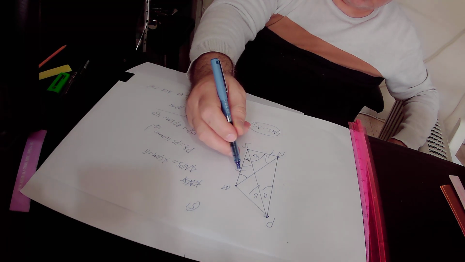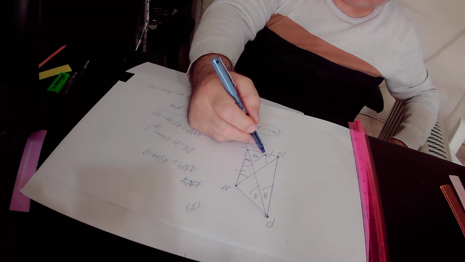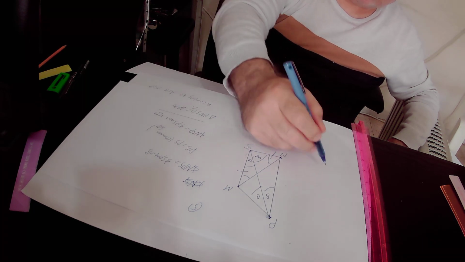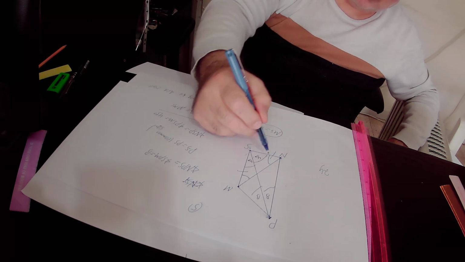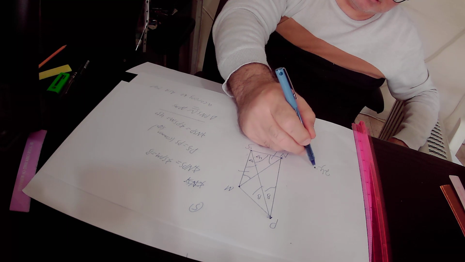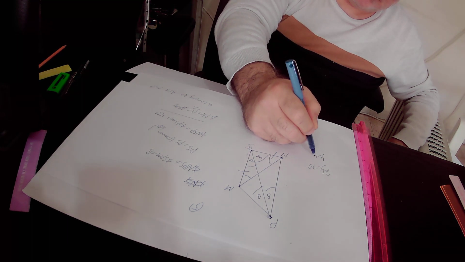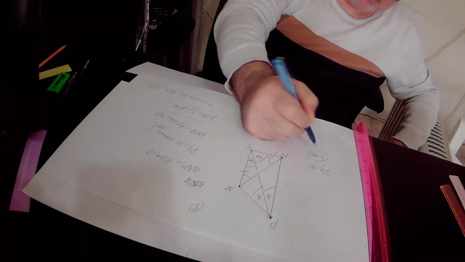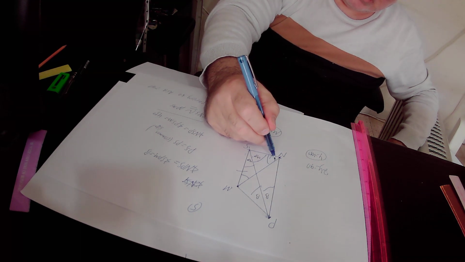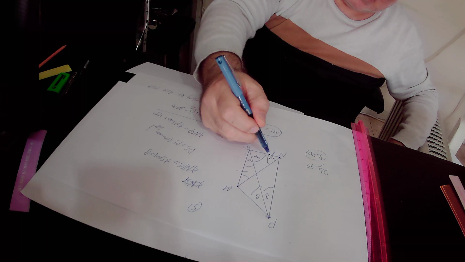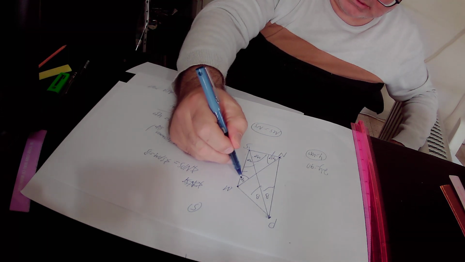So if one angle is y, then the other angle is also y, so 2y must equal 90 degrees. We divide this equation by 2 and we get that y equals 45 degrees. So we found out that this angle equals 45 degrees, and this angle also equals 45 degrees.